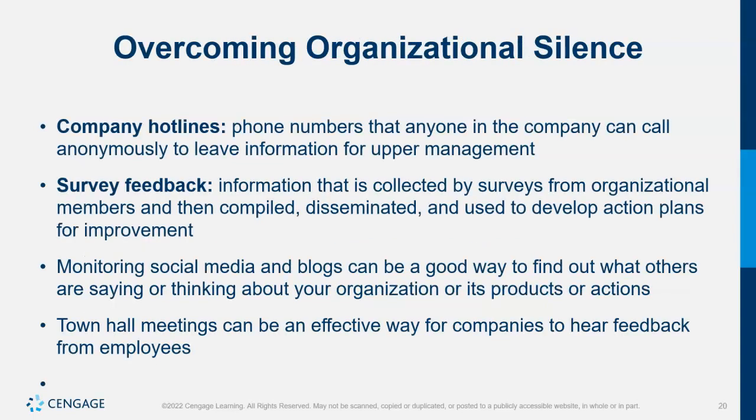But we need to overcome this organizational silence, and we can do that through hotlines, surveys, anonymous tips, anonymous feedback, monitoring social media, monitoring blogs, and allowing for meetings where you can gather feedback. It's really important to have those various forms of communication, that downward, that horizontal, and that upward, and organizational silence inhibits those. So we want to overcome it.